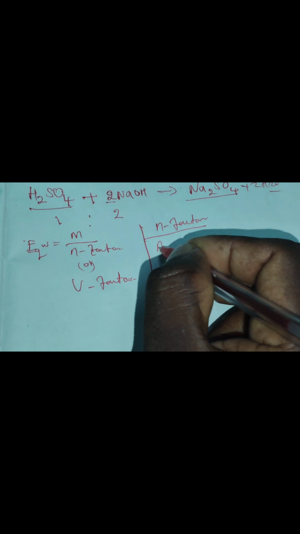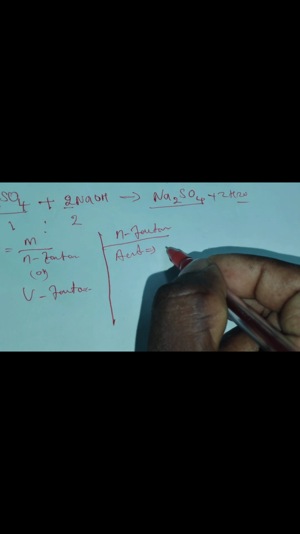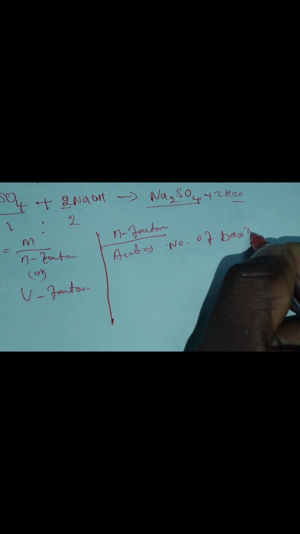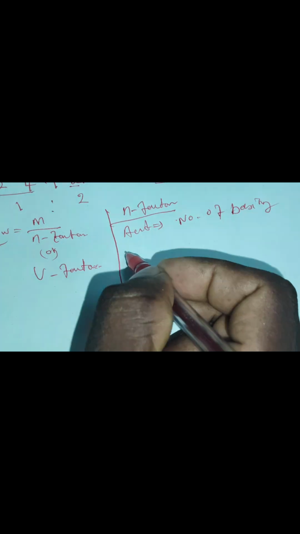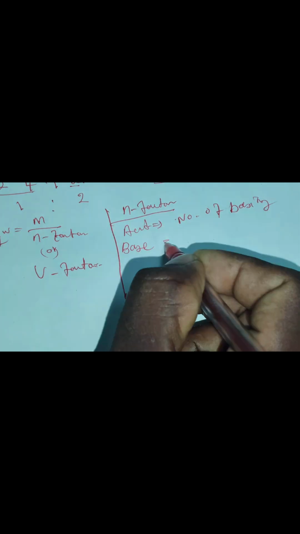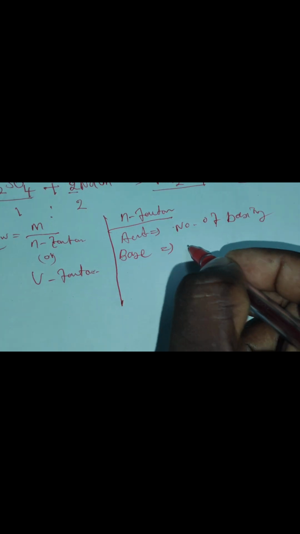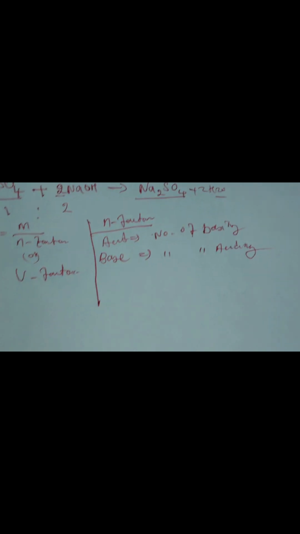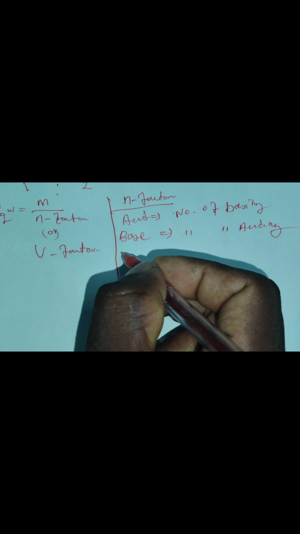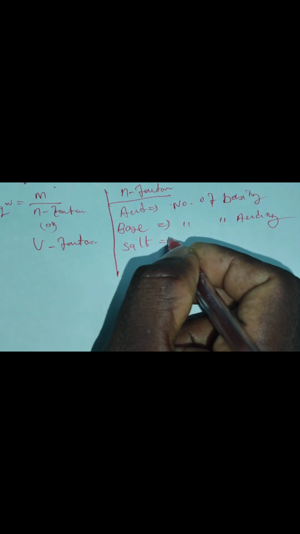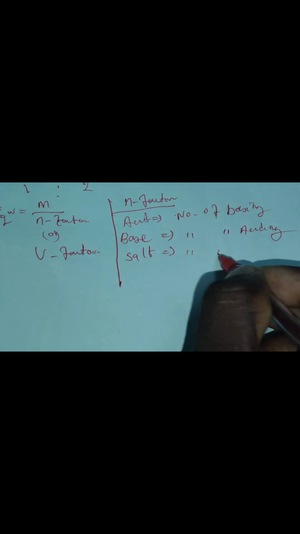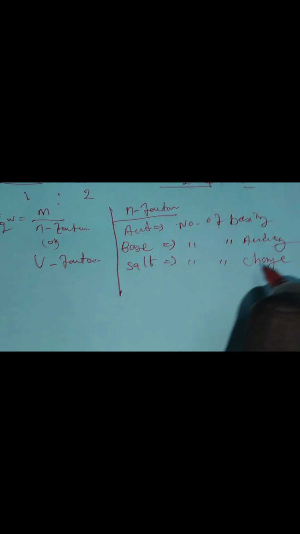Now see the n factor. For an acid molecule, the n factor is equal to the basicity. For a base molecule, the n factor is equal to the acidity. In case a salt is given, the n factor or valency factor is equal to the number of charges on the cation or anion.